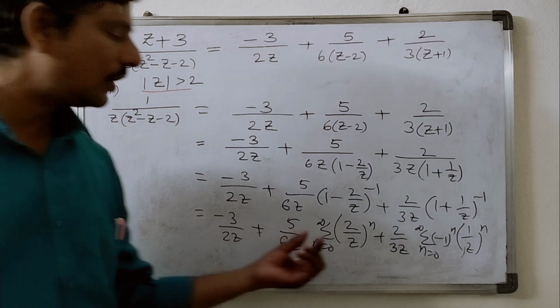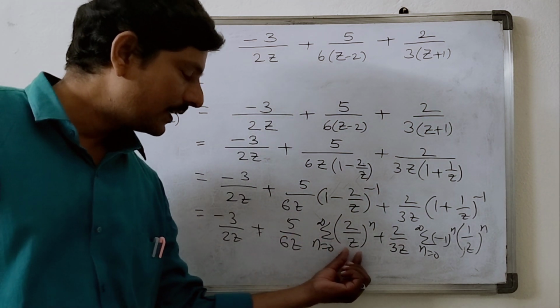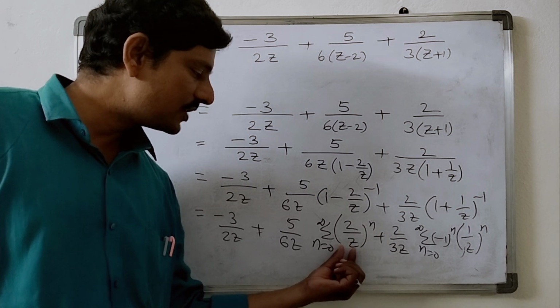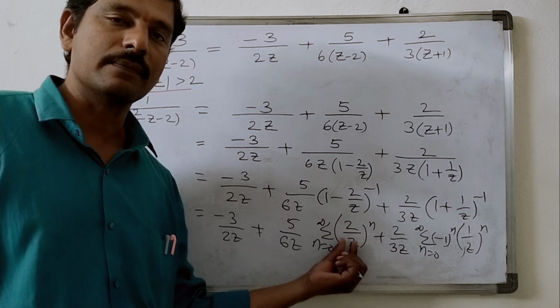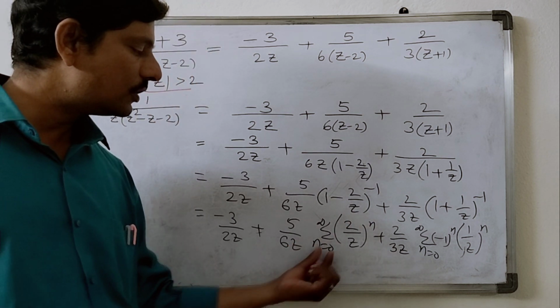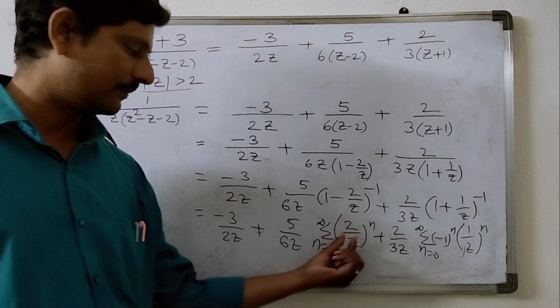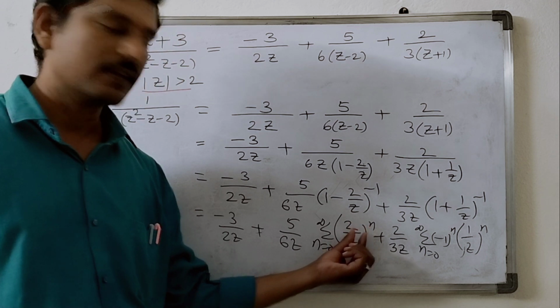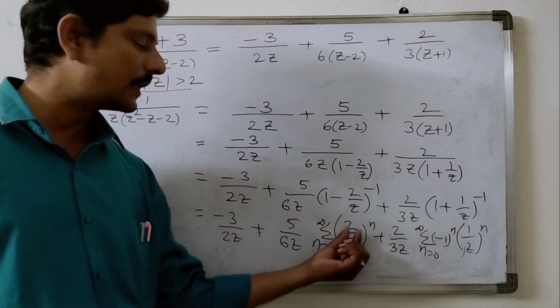Okay, students, if you observe this expansion, here (2 by z) whole power n. So if you take this z to the numerator, z power minus 1, okay, (z power minus 1) whole power n. So if you substitute n equal to 0, z power 0, that is 1. And if you take n equal to 1, z power minus 1. Take n equal to 2, z power minus 2.